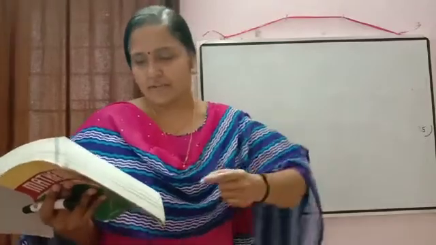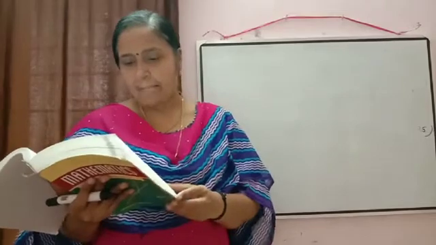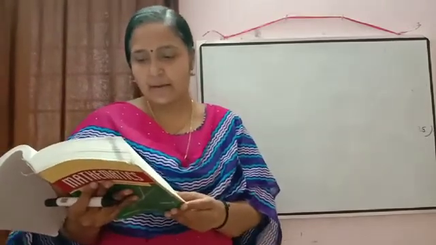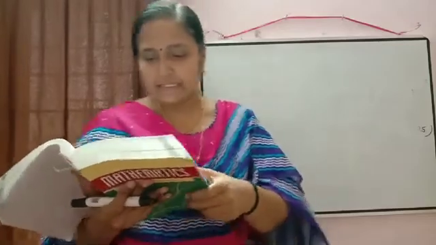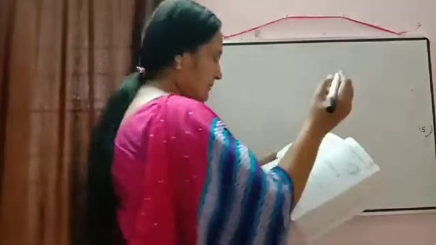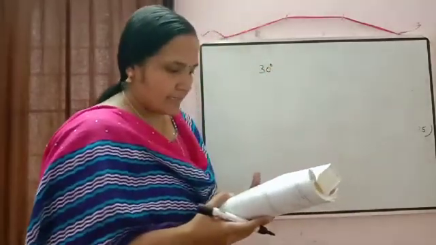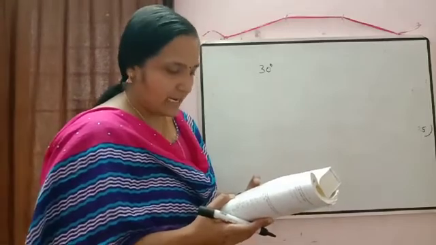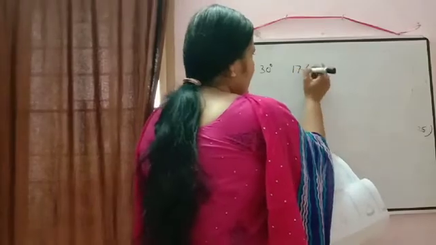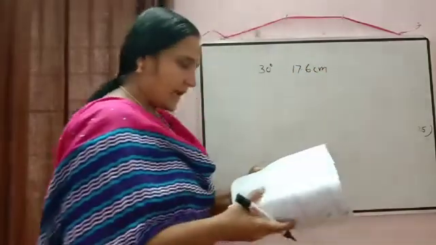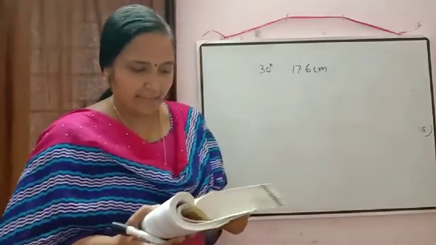Now all of you, we will do just one question, that is not from your textbook, so write down the question. A pendulum swings through an angle of 30 degree and describes an arc 17.6 centimeter in length.